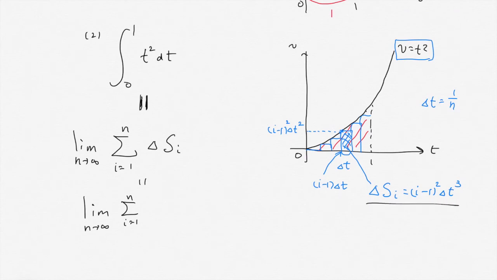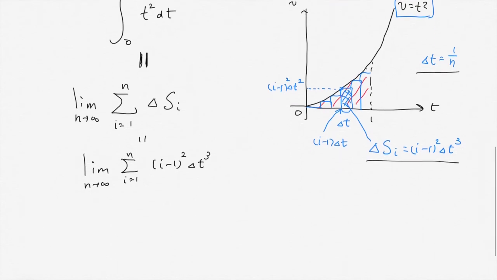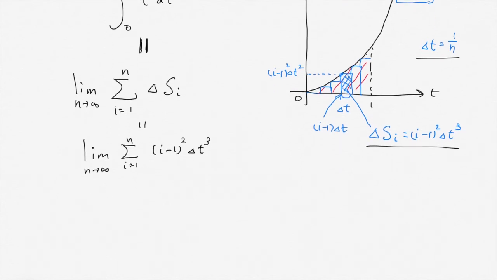So you can substitute this: (i minus 1) squared delta t cubed. Delta t is 1 over n. So we get the limit as n goes to infinity of 1 over n cubed, the sum from i equal 1 to n of (i minus 1) squared.